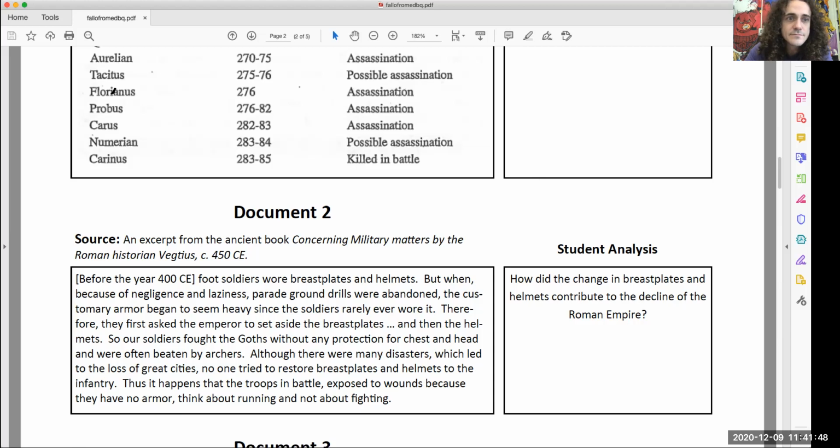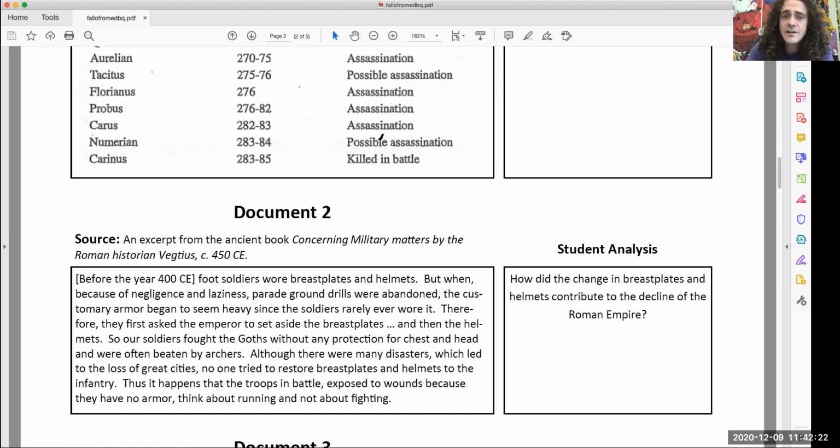Okay, that's fine. So, for example, if I was going to use document 1, which talks about how many rulers they've had over such an amount of time, maybe I want to use the map. So what I'm going to do is make a web. This is how I do it. You can do it any way you want. Document 4, and then I would type in this: the map shows that ineffective leaders were able to be enticing to migrant groups who wanted to sack.